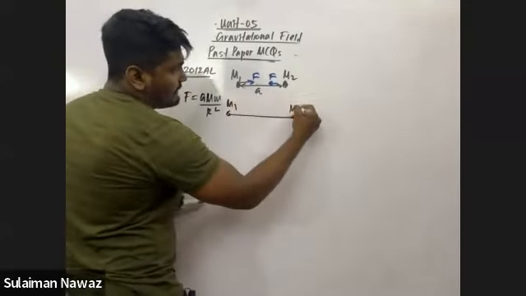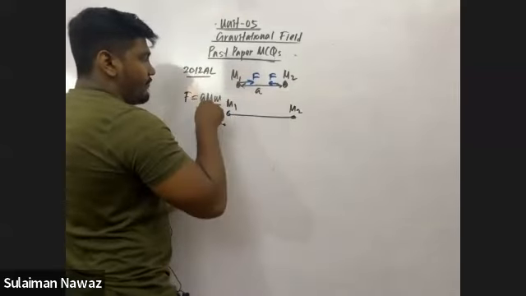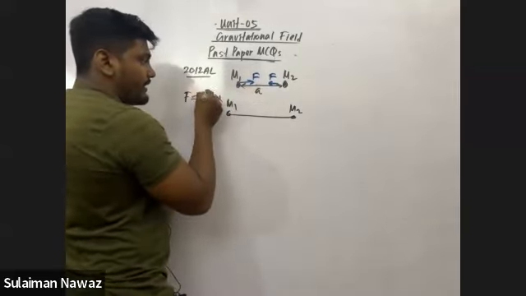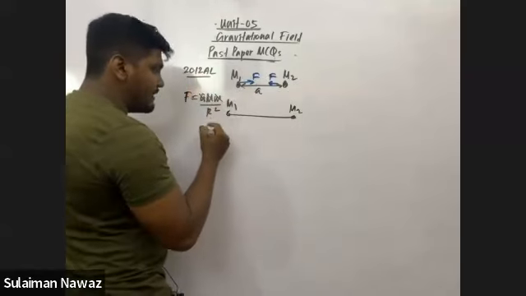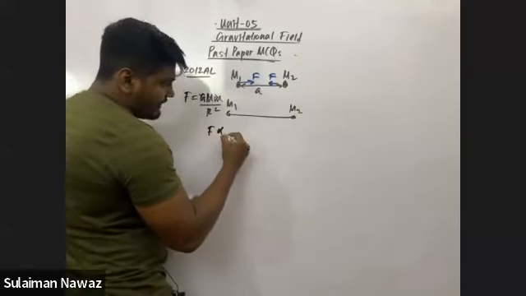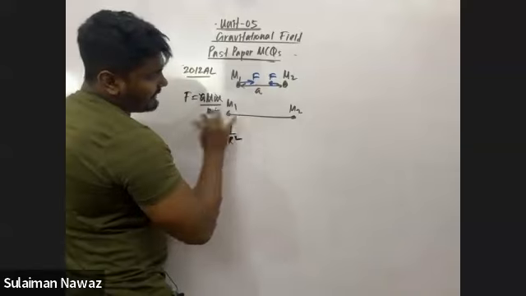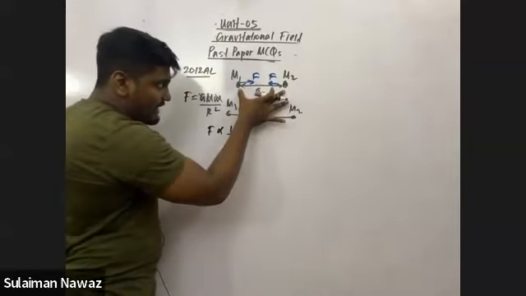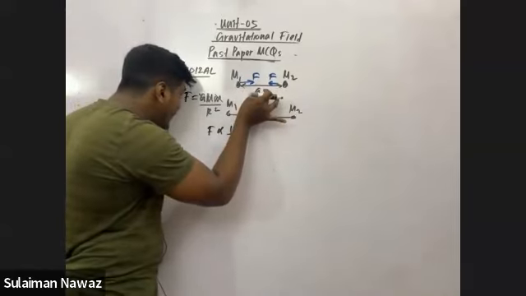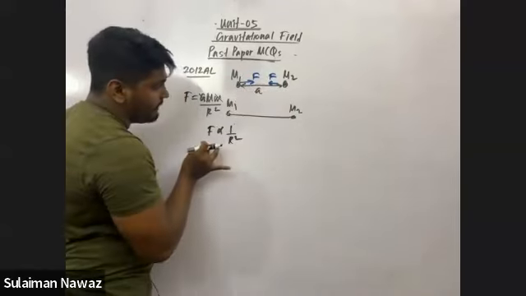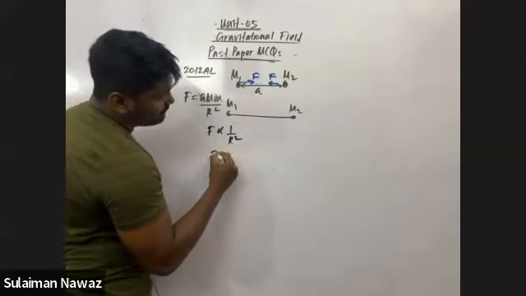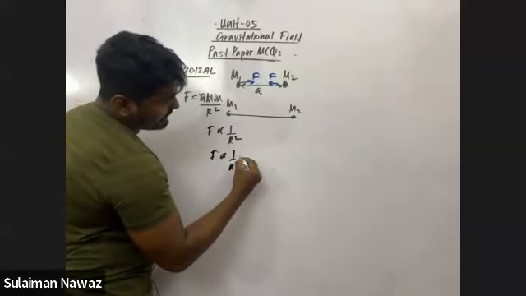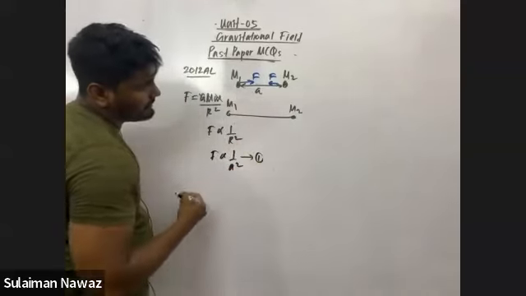In both cases, what is the same? M1, M2 multiplication is the same. G is a constant. Then you can directly say gravitational force is inversely proportional to 1 over R squared. So when the gap between these two masses is, let's say, small a, the force acting on the masses, capital F, is proportional to 1 over a squared.